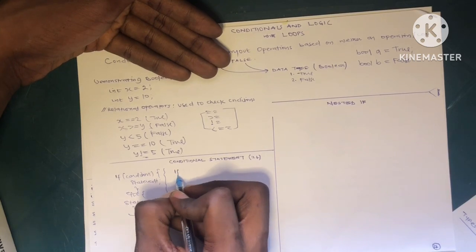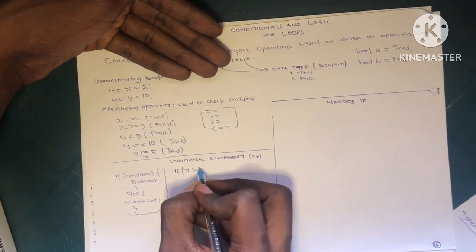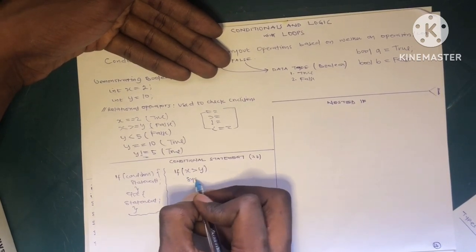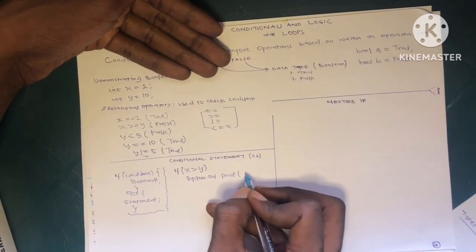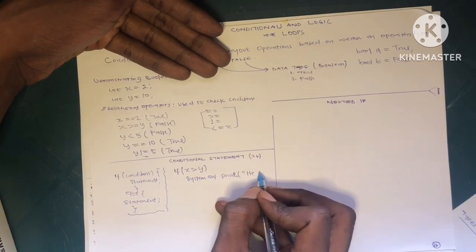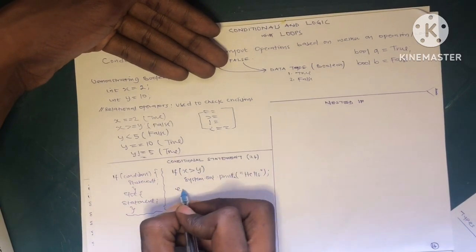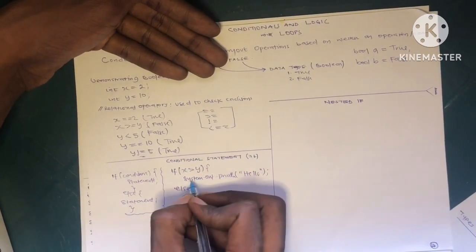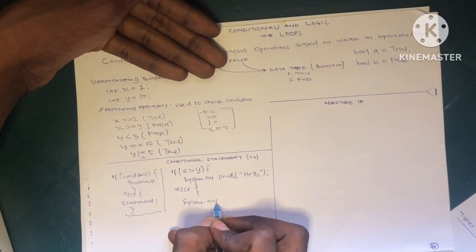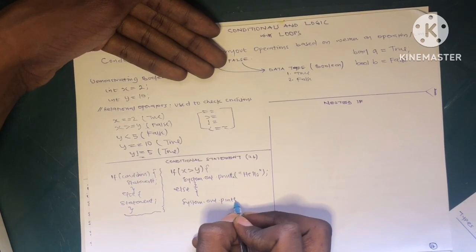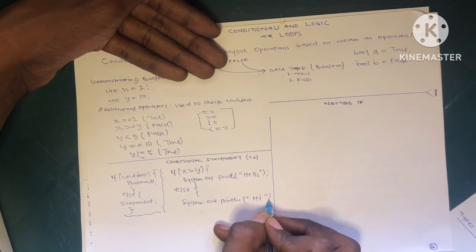Just follow me along: if x is greater than y, System.out.println hello, else System.out.println hi.